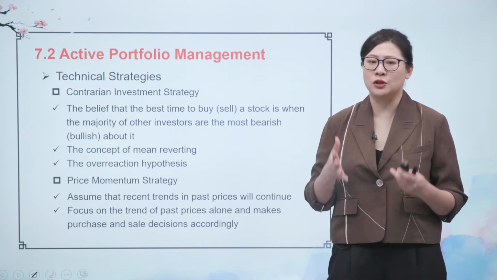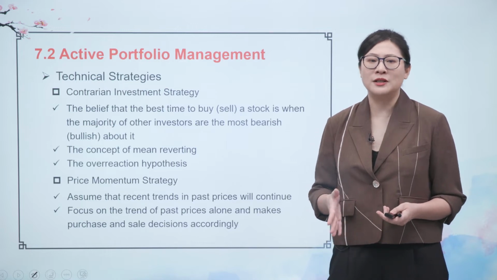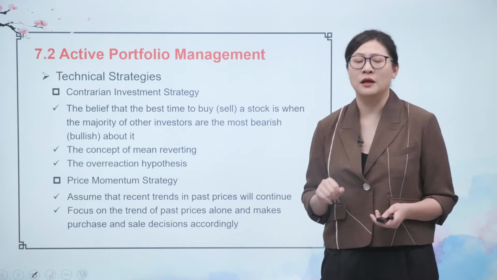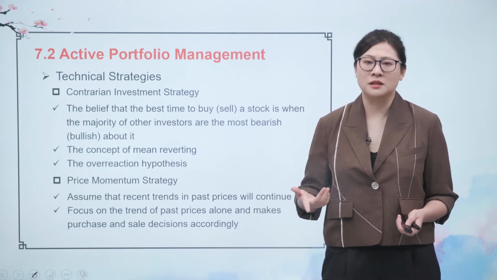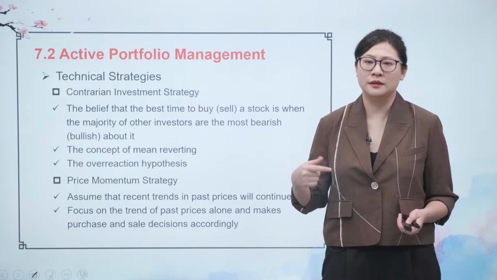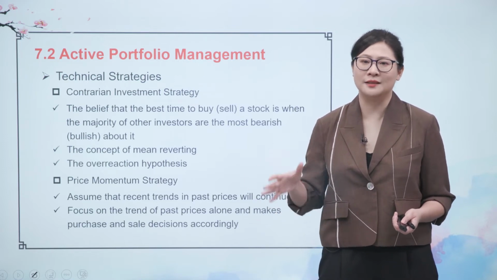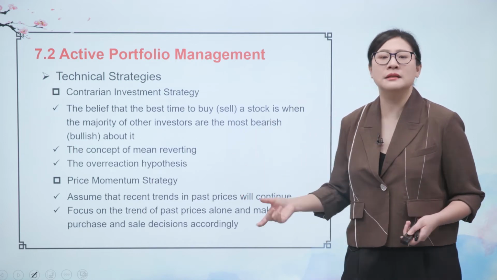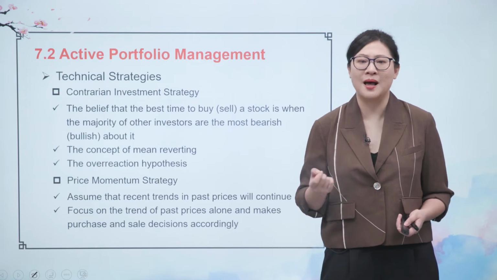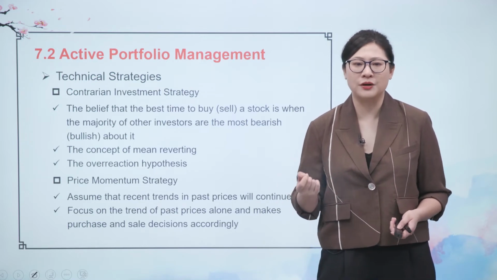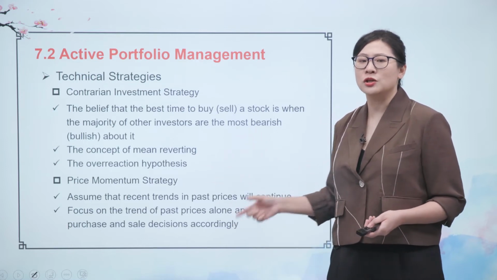If you use the momentum strategy, it means you assume that the recent trend in past prices will continue. That means stocks that are increasing will continue to increase. So hot is still hot. This momentum strategy focuses on the trend of past prices alone and makes purchase and sell decisions accordingly. So that's the momentum strategy.